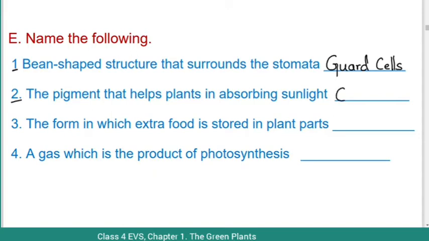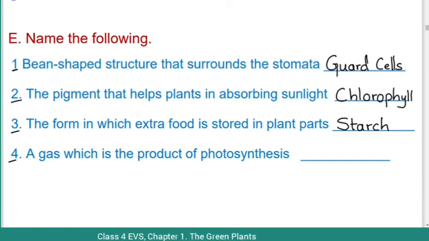That is chlorophyll. Chlorophyll is the pigment that helps the plants in absorbing sunlight. Third one, the form in which the extra food is stored in the plant parts. That is starch. Starch is the form in which extra food is stored in plant parts.